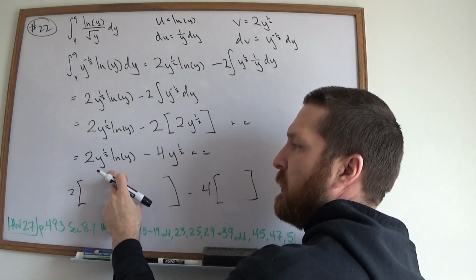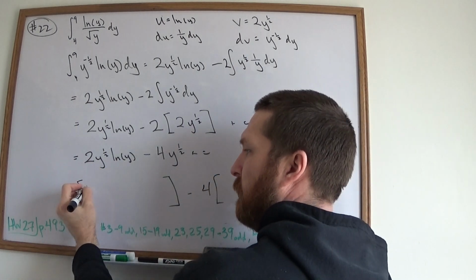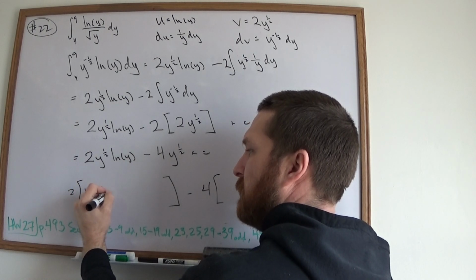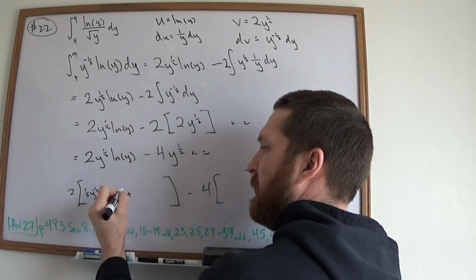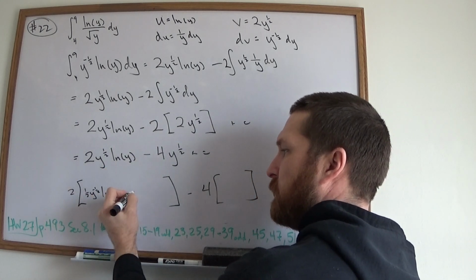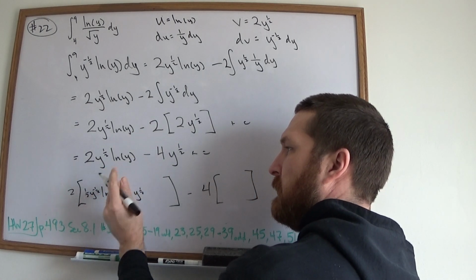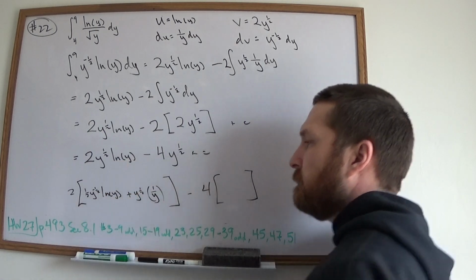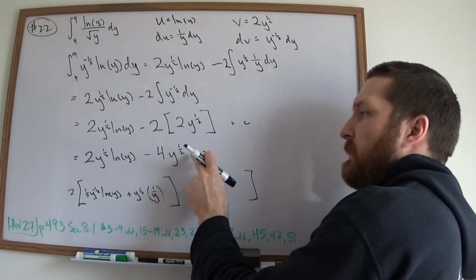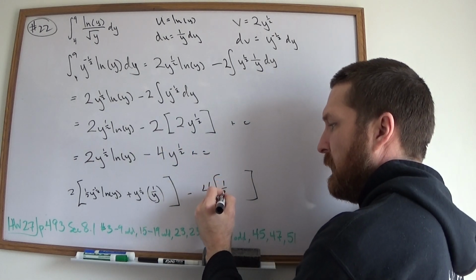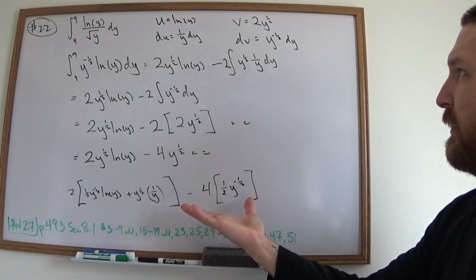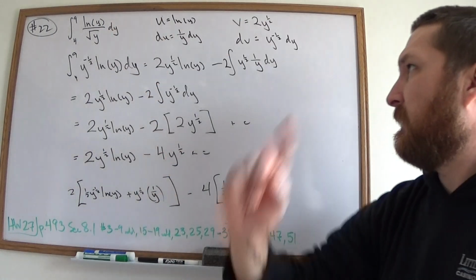So here's the product. Take the derivative of that one. Leave this one alone. Add that 2. Leave the first one alone. Take the derivative of that. That's 1 over y. Okay. Now, this guy comes down. We get 1/2 y to the negative 1/2.